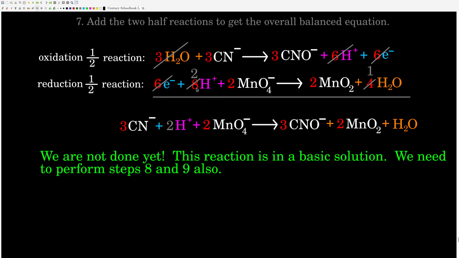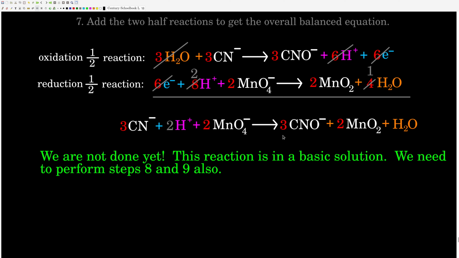Likewise, the hydrogen ion, we had 8 hydrogens on the left of the reduction half reaction, 6 on the right of the oxidation half reaction. These 6 hydrogen ions cancel 6 of these, leaving 2 behind. There's none now in the oxidation half reaction. When we add this up, we get the overall balanced equation. 3 cyanides, 2 hydrogen ions, 2 permanganates, 3 cyanates, 2 manganese 4 oxides, and water.